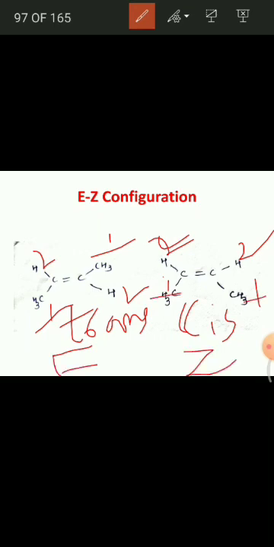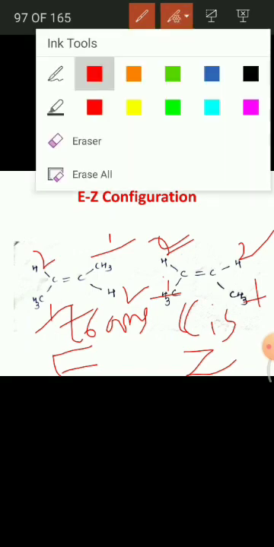Here also methyl 1, hydrogen 2, here methyl 1, hydrogen 2. Here the same priority groups are on opposite sides, hence it is E. Same groups on the same side, it is Z.